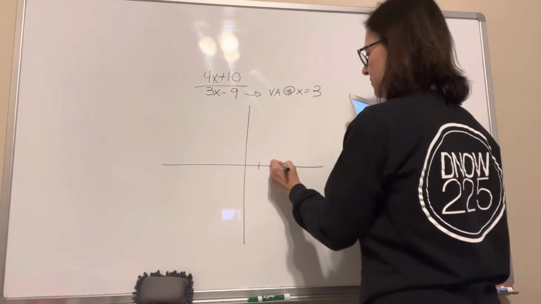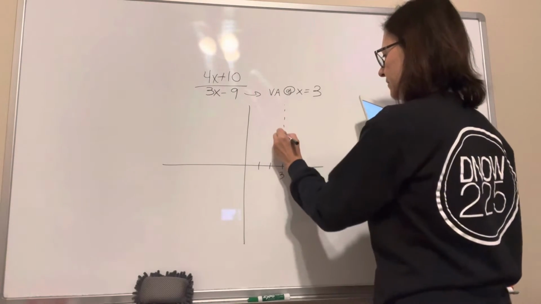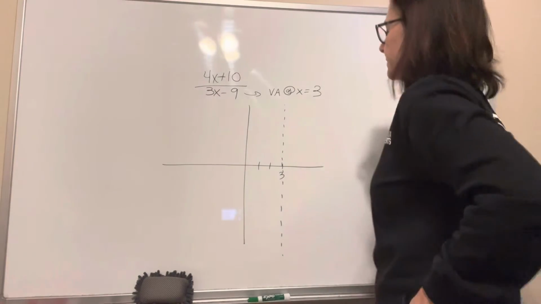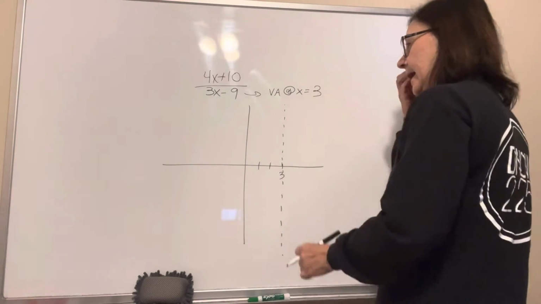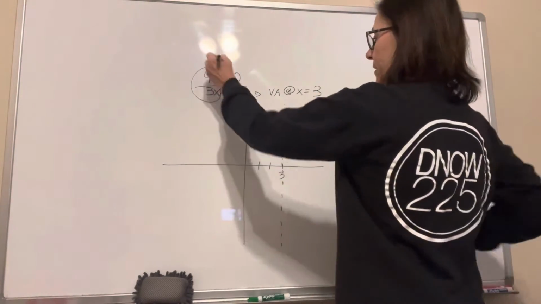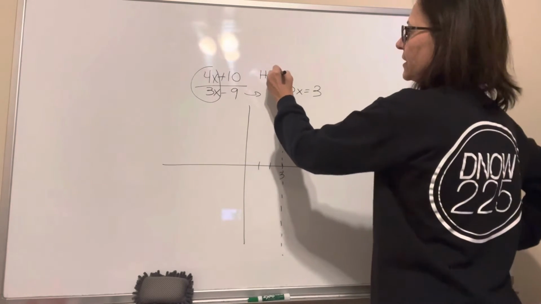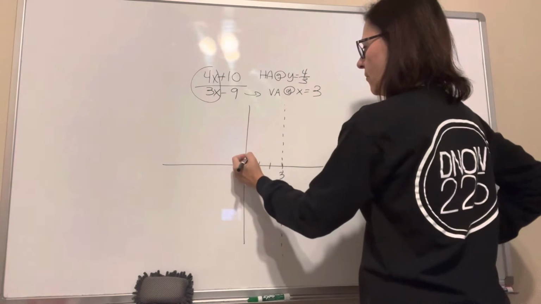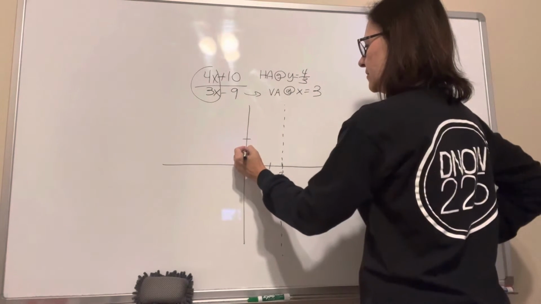So at x equals 3, there's this vertical asymptote. And because our degrees are the same, there's going to be a horizontal asymptote at y equals 4/3. So that's about 1 1/3, so like here.